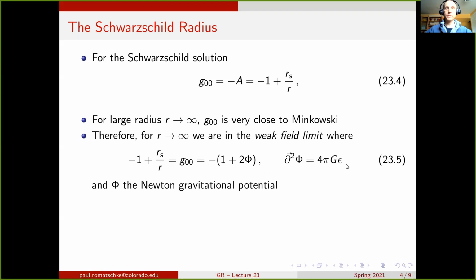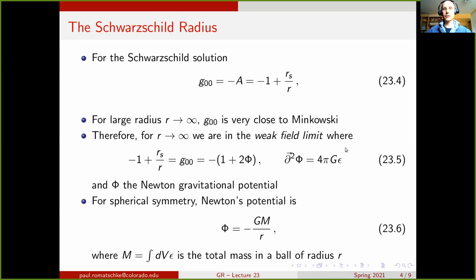Since energy is the same as mass, we can integrate this equation and find that the gravitational potential is given as minus G times M over r, where M is the volume integral of the energy density in a ball of radius r. So that's the complete mass that's encapsulated in this volume. So then we have the gravitational potential that takes the form of a constant divided by r that goes into the metric component g00.